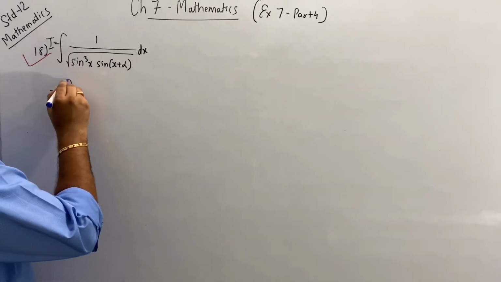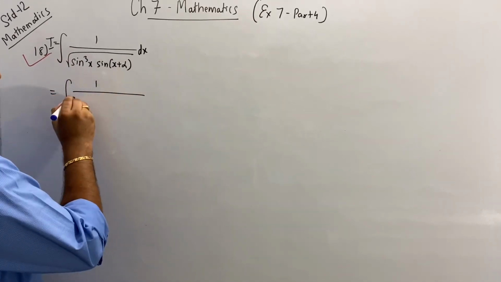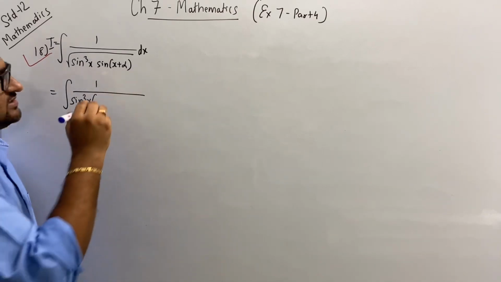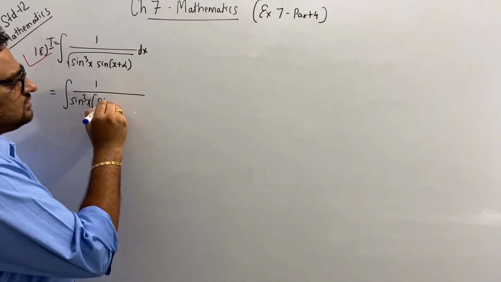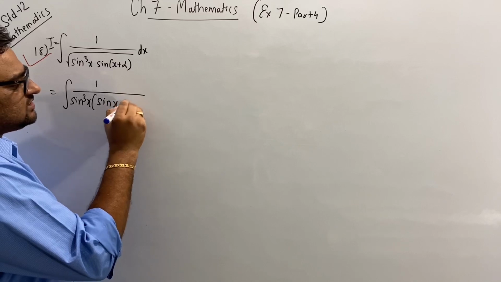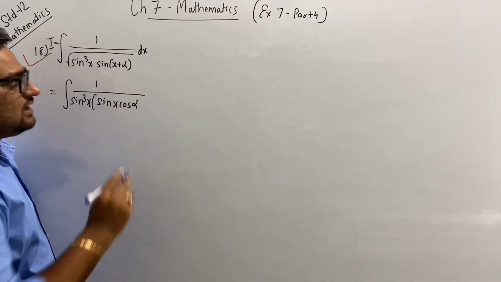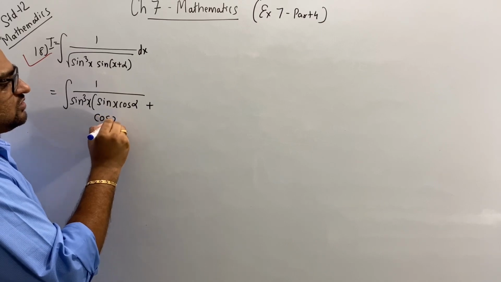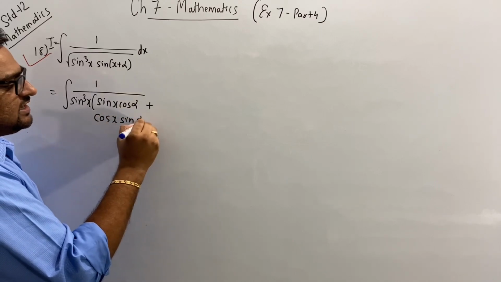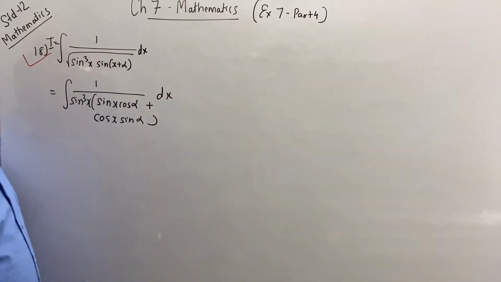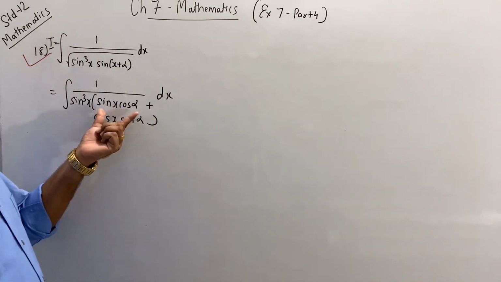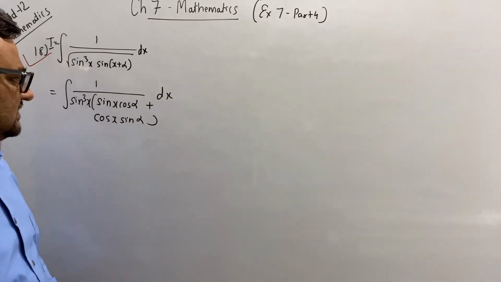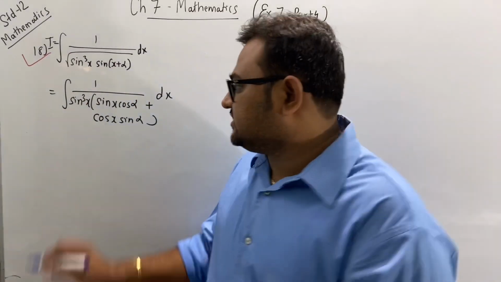This will be equal to sine cube x, and the sine of x plus alpha is sine x cos alpha plus cos x sine alpha dx, and this is in the square root.